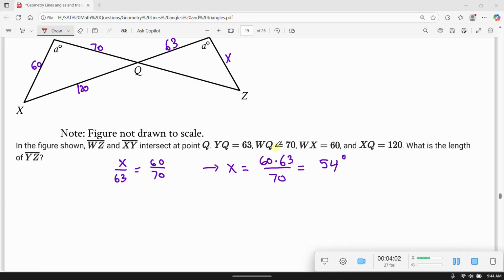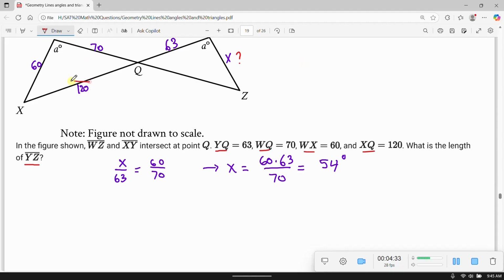So I'm going to start by labeling my YQ, WQ, WX, XQ. As you can see on the diagram, then they asked me to find the YZ. I label it as X. Then I'm just going to use the corresponding lengths, the sides between the two triangles.